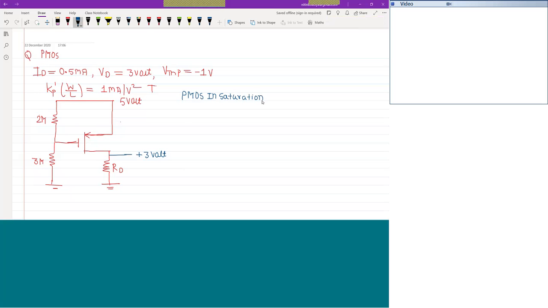PMOS in saturation is given by VGS should be less than VTH, first condition, and second condition, VDS should be less than or equal to VGS minus VTH. है ना? This is the condition for PMOS saturation. तो PMOS saturation का तो कुछ ऐसा condition है. If this is the condition for PMOS saturation, what can I say?